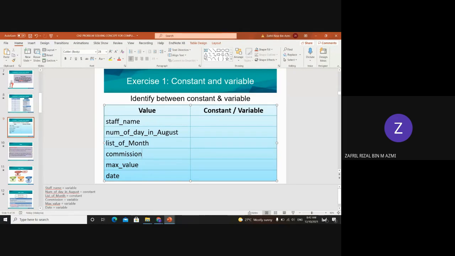Can I make it a constant? Is there any other situation in which we can make commission a constant? Commission, if you become a reseller, or an insurance agent. Can I make it constant, class? Can. In what situation can I make commission a constant?